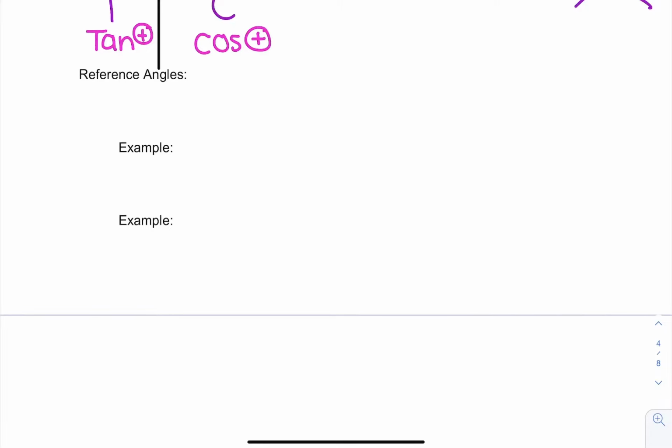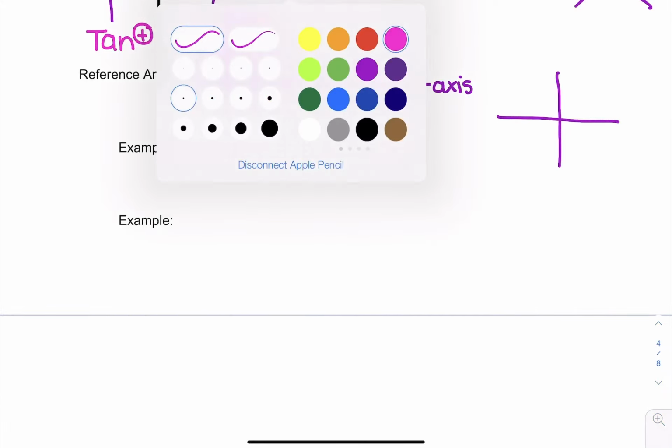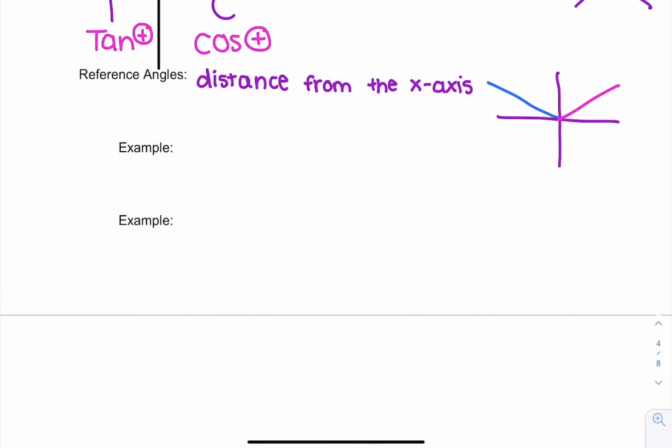So all a reference angle is the distance from the x-axis. So if we have any angle, so let's say we've got one angle over here, we've got another angle over here, you've got another angle over here, and we have another angle over here.